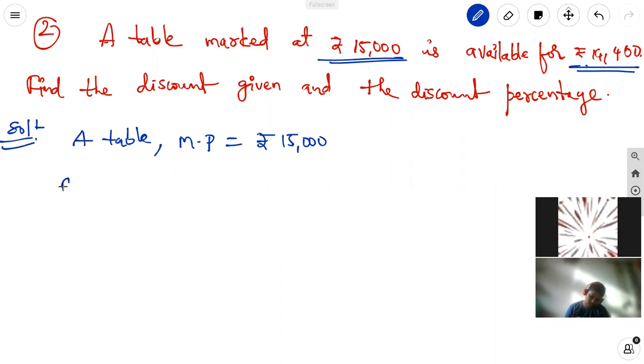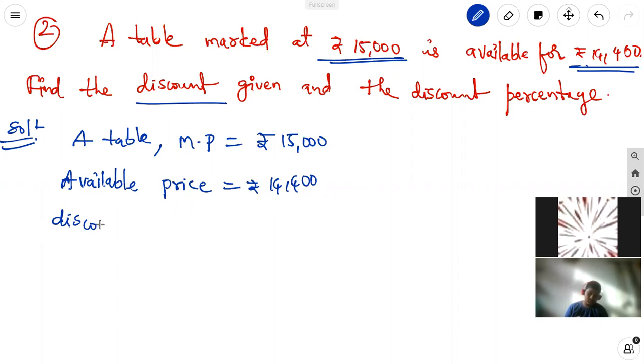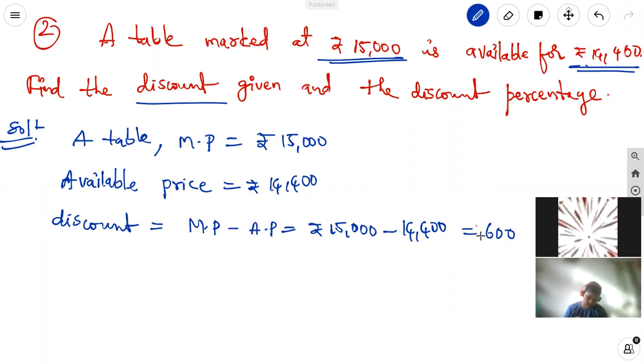The available price is 14,400. What are they asking? Discount equal to market price minus available price, that is equal to 15,000 rupees minus 14,400 rupees. It is equal to 600 rupees. That discount amount is 600 rupees.